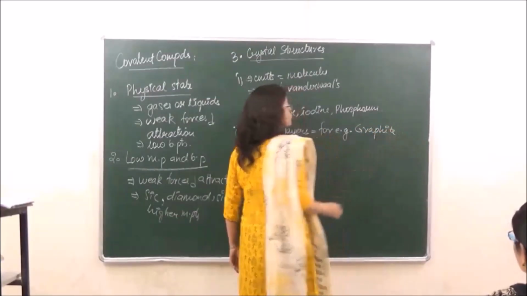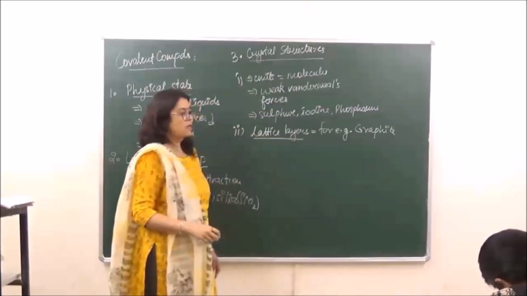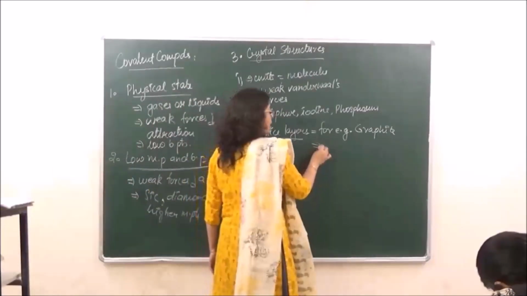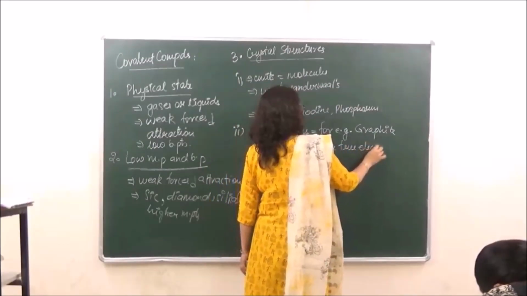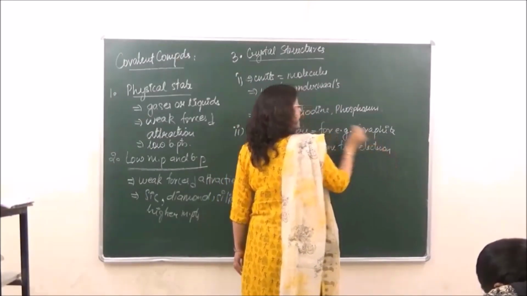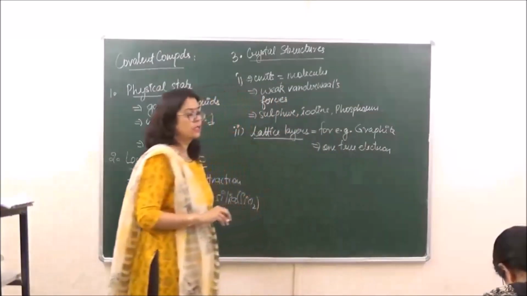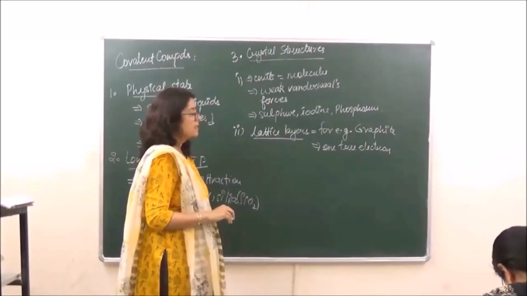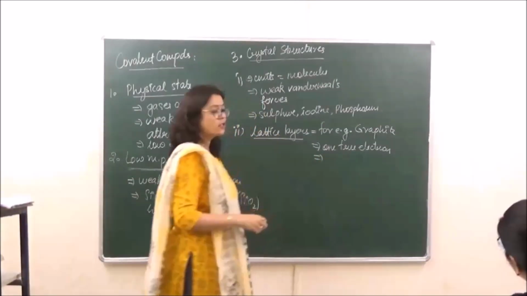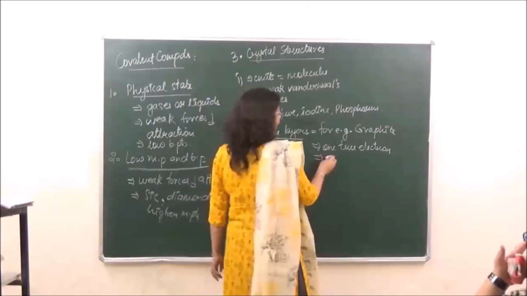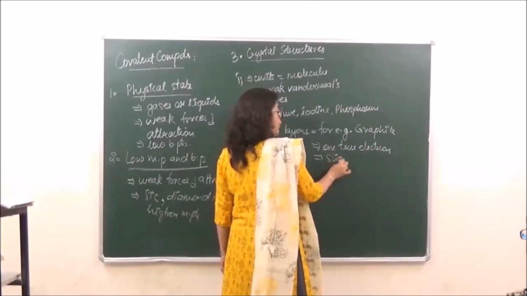Because of the layered structure of graphite, it has one free electron and thus it conducts electricity. Okay? And also, due to its layer structure, one layer can slide over the other.